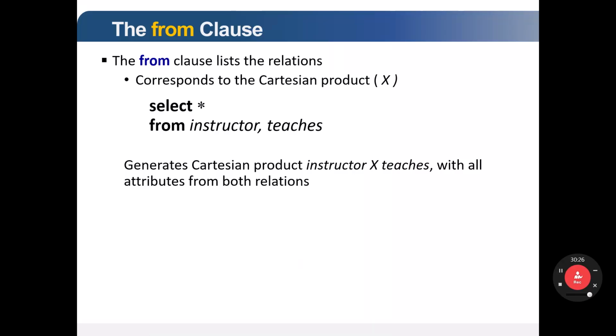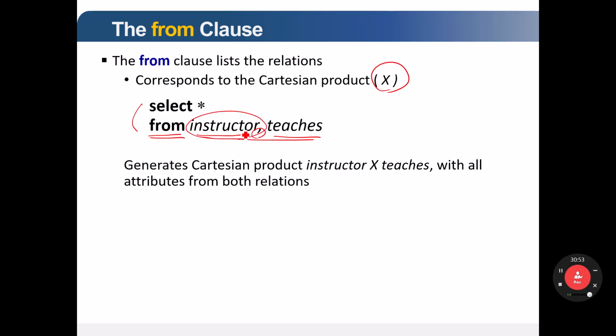Okay. We learned the Cartesian product in relational algebra. In SQL, in query language, when you put comma in from clause, DBMS performs Cartesian product. So instructor comma teaches, this comma will be translated into Cartesian product.